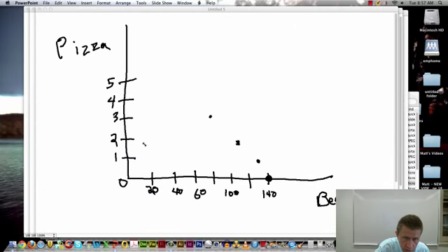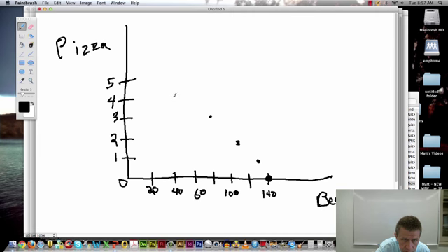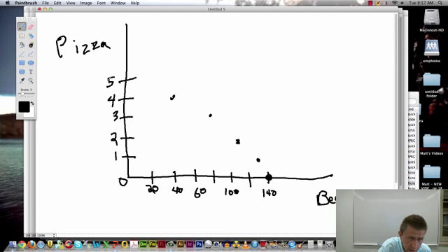So the points we're plotting on here are the various combinations that our individual could produce, right? With some level of labor effort, and so some land, labor, and capital is what we say on these. Our individual could produce any of these various combinations. Once you have all of these plotted, you connect the points together.